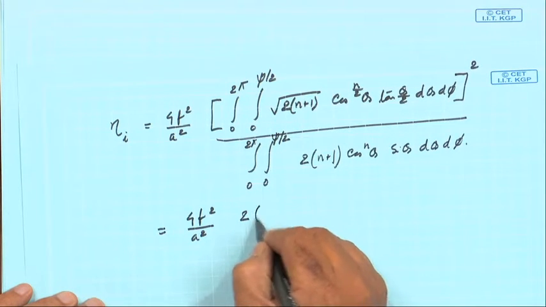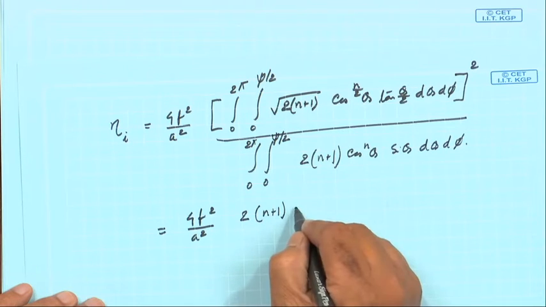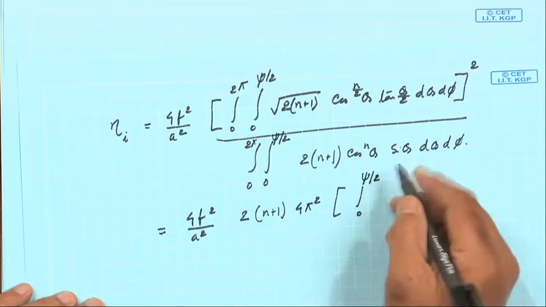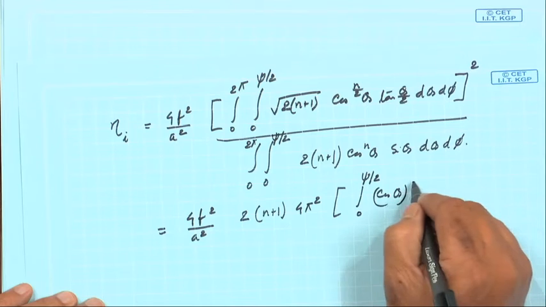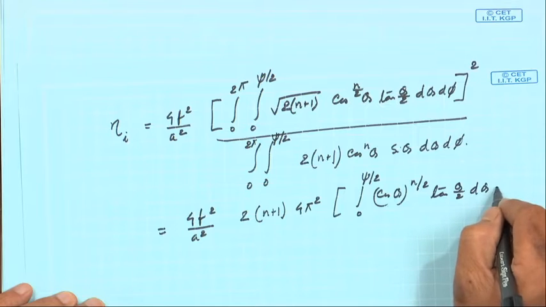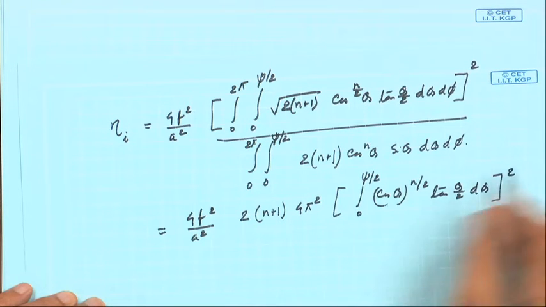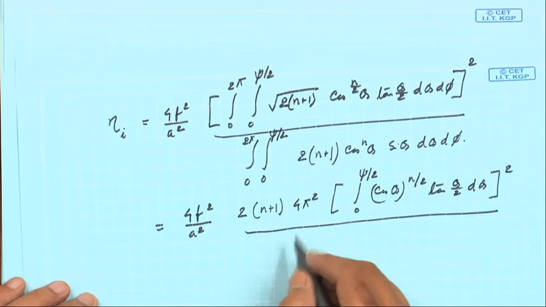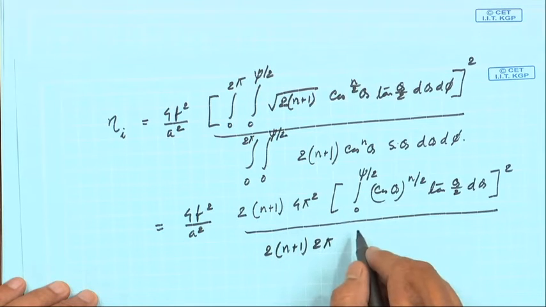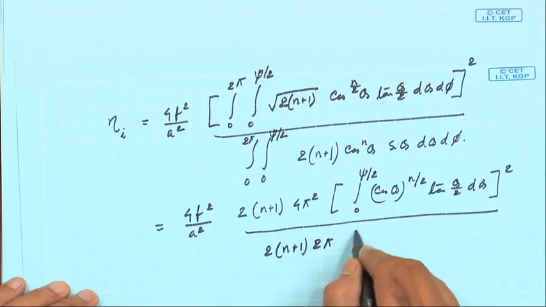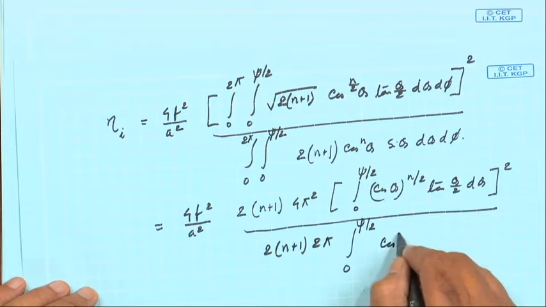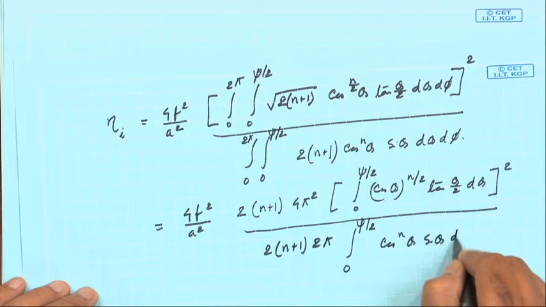So, let us see the numerator: 2n plus 1, 4 pi square, integral 0 to psi by 2 of cos theta to the n by 2 tan theta by 2 d theta, whole square, and in the denominator we write 2n plus 1 into 2 pi, and what will remain is the integral 0 to pi by 2 of cos n theta sin theta d theta.